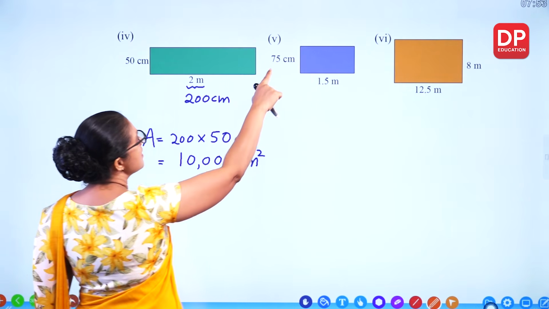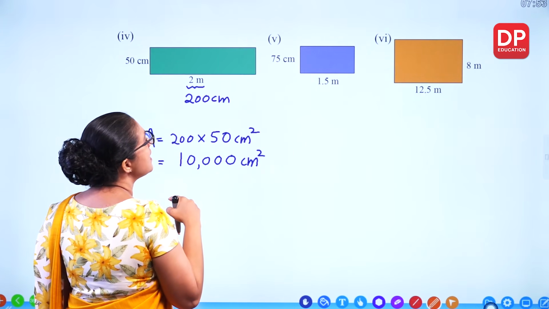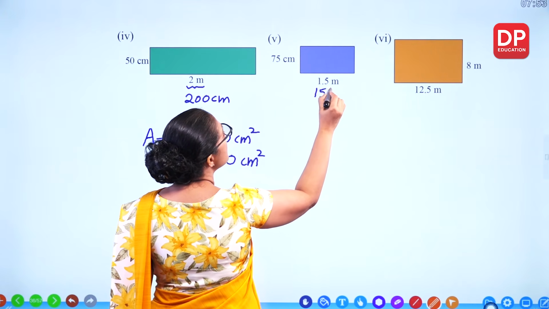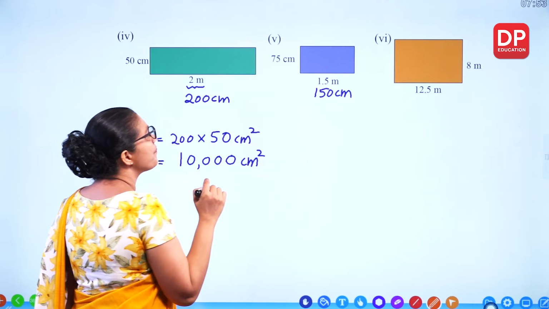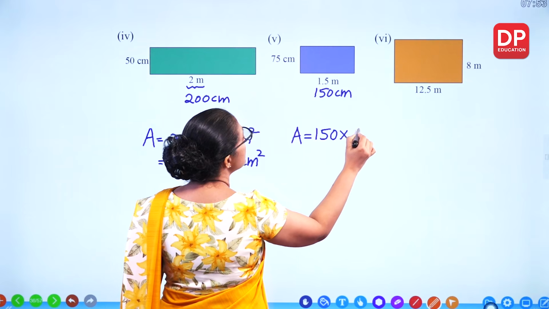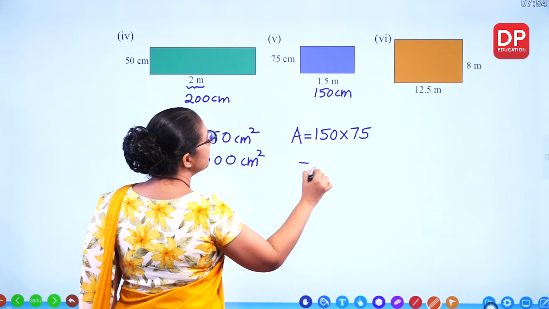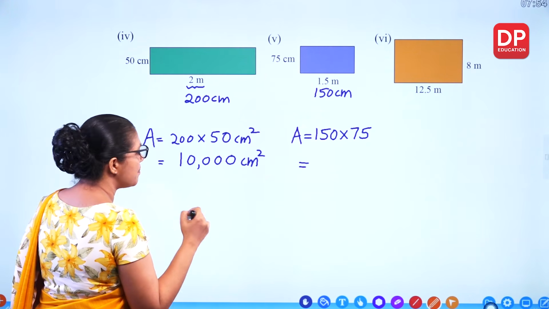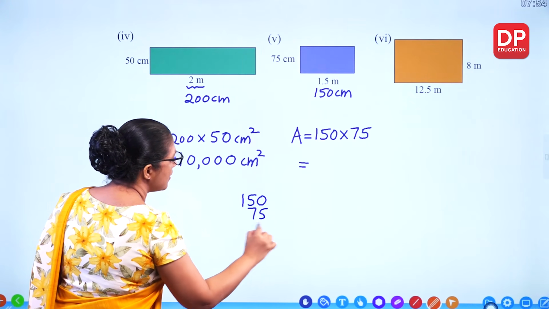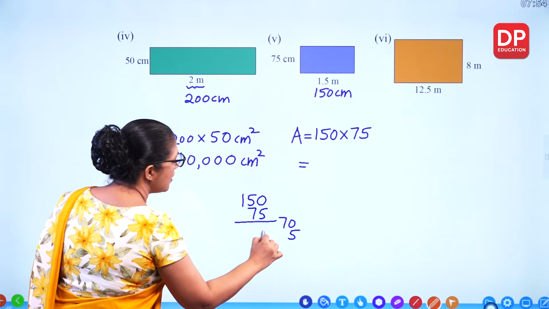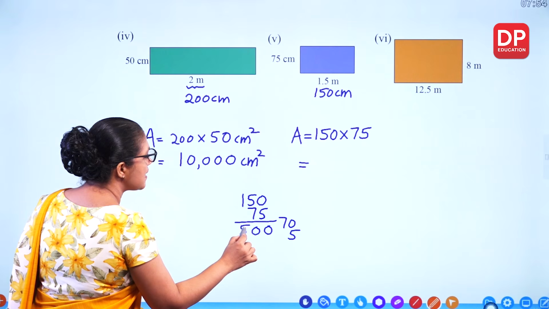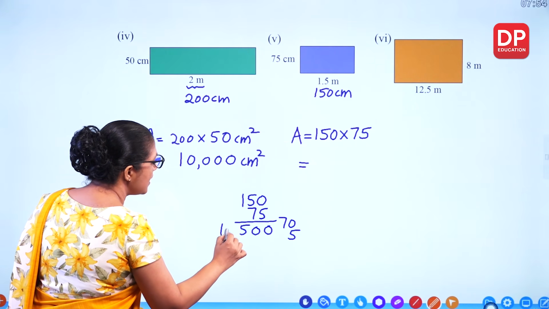This is in centimeters, this is in meters. So multiply by 100. 150 centimeters are there. Now we can find out the area. 150 times 75. So we'll multiply separately and write down here. 150 and 75. 70 and 5. 7 times 0, 0. 7 times 5, 35. 3 remaining. 7 times 1, 7 plus 3, 10.